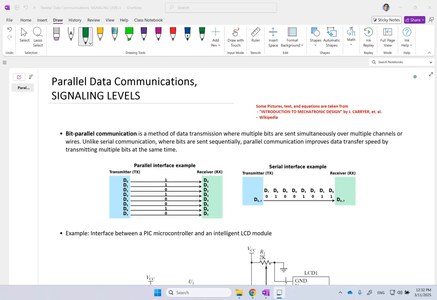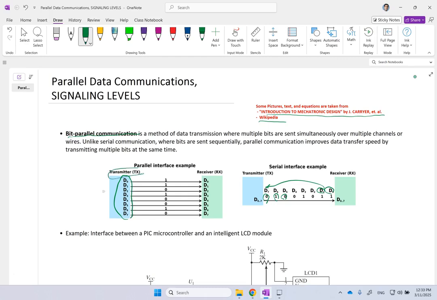Some pictures and text are coming from our mechatronics textbook, as well as this top one, which is coming from Wikipedia. Bit parallel communication, as opposed to bit serial communication, is when instead of sending the data bit by bit in a sequence, starting with the first bit and going all the way to the last bit, you send all of them at the same time.